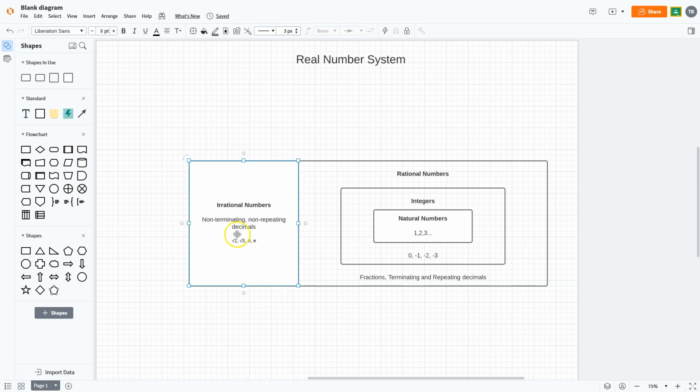That's irrational numbers. But over here in the rationals, we have these nice layers of containment. The natural numbers are contained within the integers. They're used to construct the integers. So every natural number is also an integer, and then every integer is also a rational number.